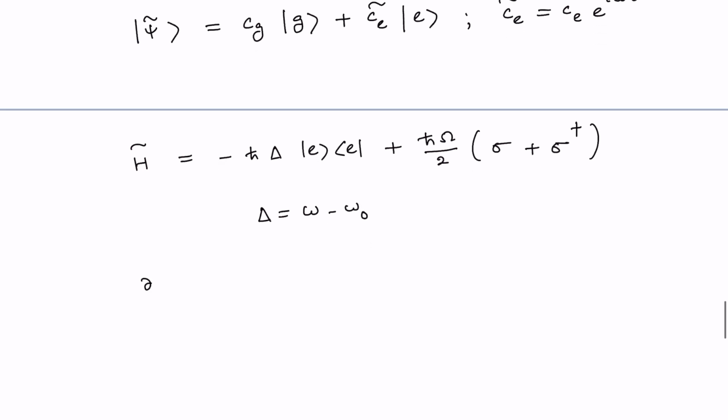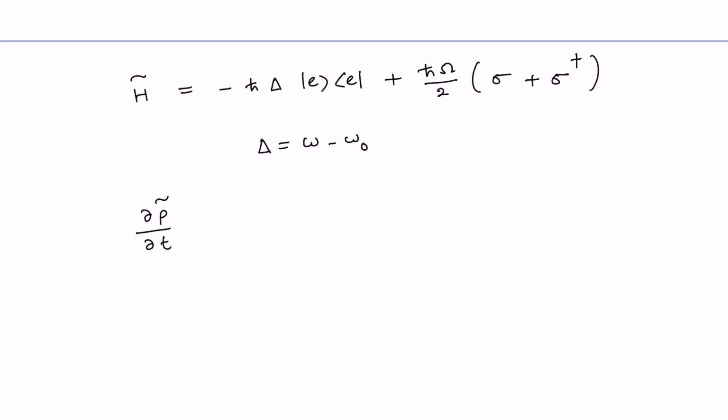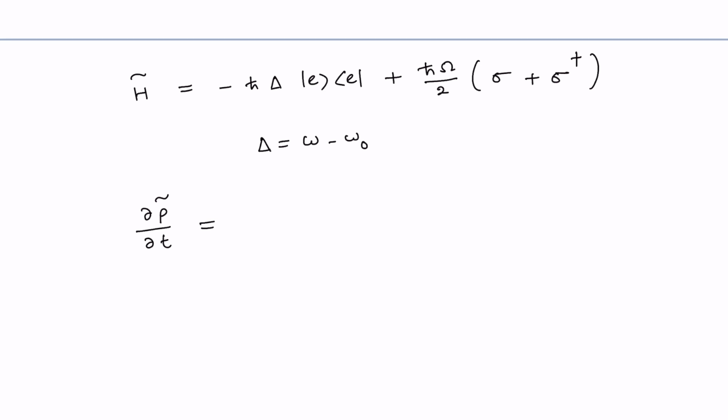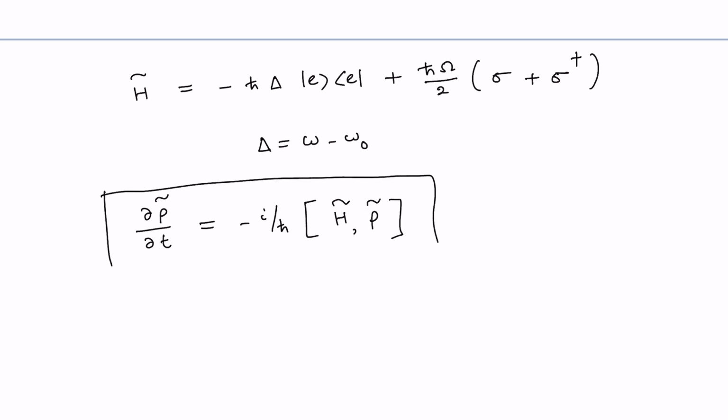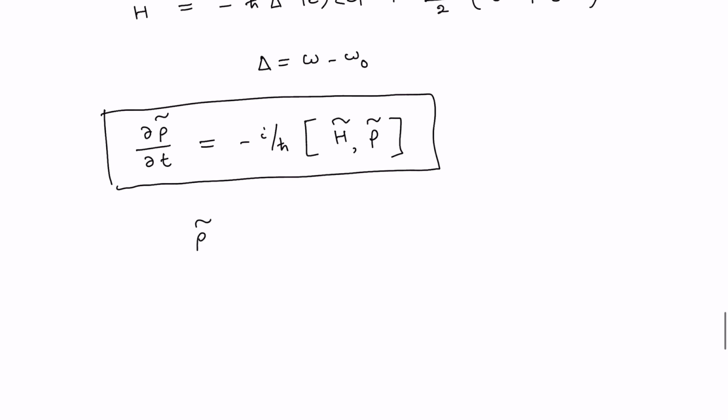And the corresponding Schrodinger-von Neumann equation is ∂ρ~/∂t = -i/ħ [H~, ρ~]. So this is the equation we are now going to deal with. Here ρ~ = |ψ~⟩⟨ψ~|.